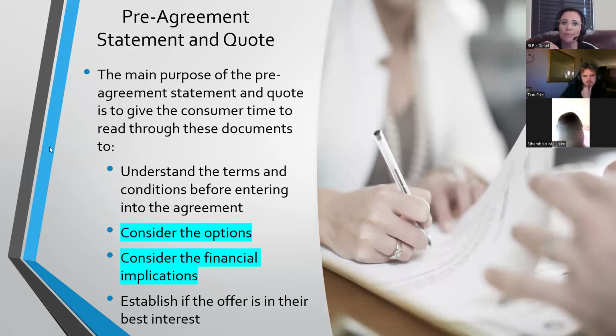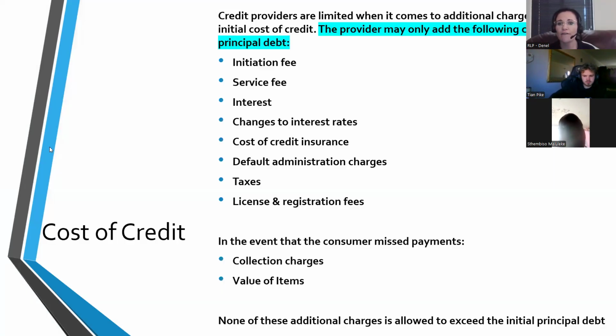Because the main purpose of these documents is to give the consumer time to read through them, to make sure they understand the terms and conditions before they enter into the agreement. They want to give them the opportunity to consider all of their options, to consider the financial implications, and then to determine whether this offer is actually in their best interest. Okay, to know if they are taken advantage of.